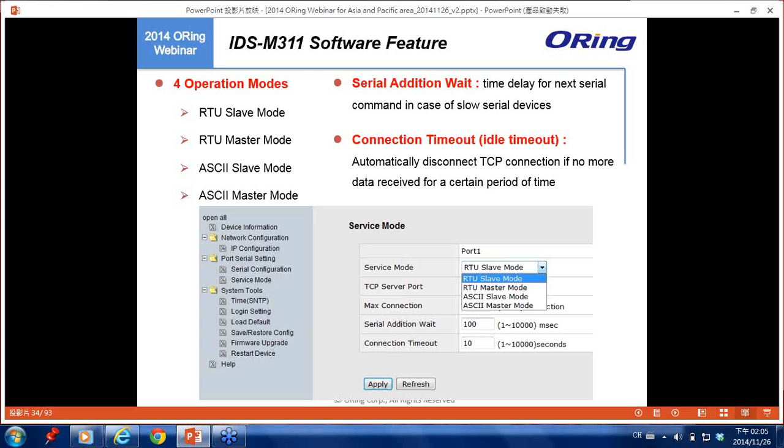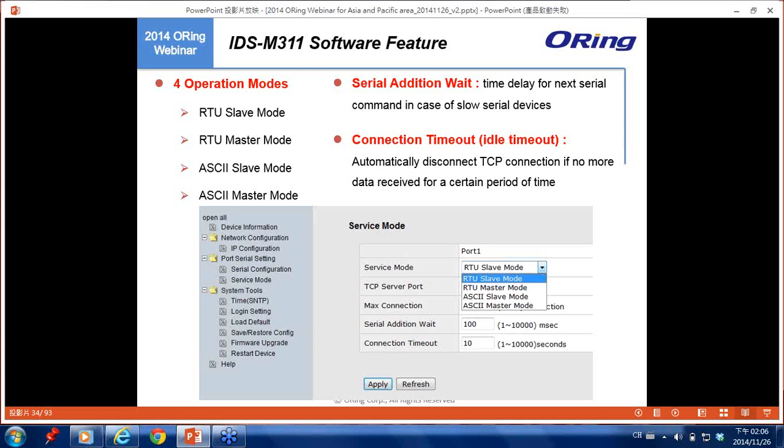And for the connection timeout, we can also call it idle timeout. As I mentioned here, for our Modbus gateway, the maximum TCP connections allowed will be 16. Usually, when the PC finishes the data reading session, the PC will also send out a termination request for the Modbus gateway to disconnect the TCP connection.